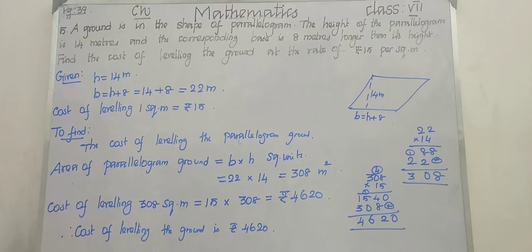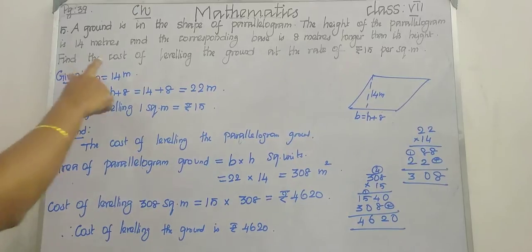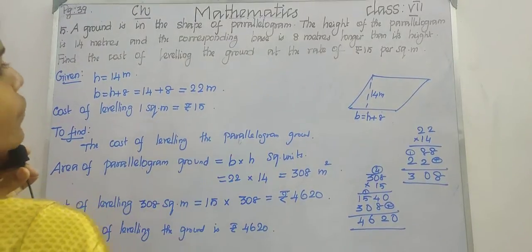So what was given? They had given a parallelogram ground. Its height is given, it is 14 meter, and the base is 8 meters longer than its height, so we can write it as h plus 8. So we got 22 meter. And also find the cost of leveling the ground at the rate of 15 per square meter.